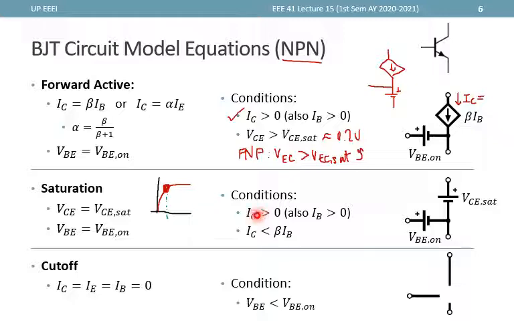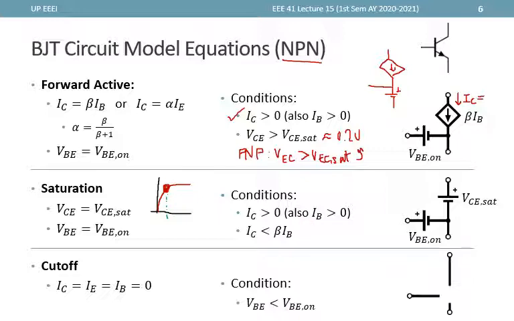So first, IC must still be greater than 0, since the base emitter junction is forward bias, and also IB is greater than 0. So this is just the same, but the condition for the collector current is that it must also be less than beta IB.